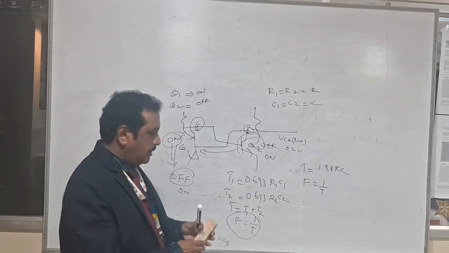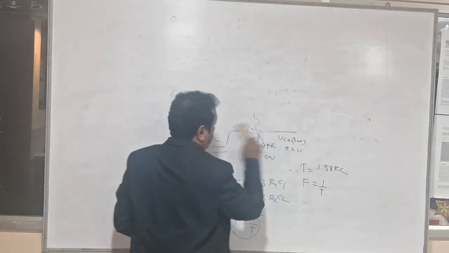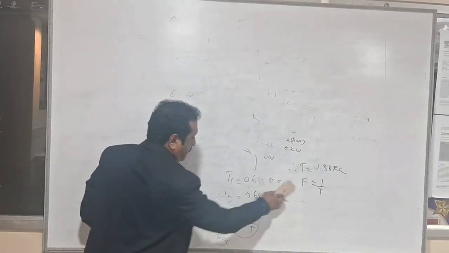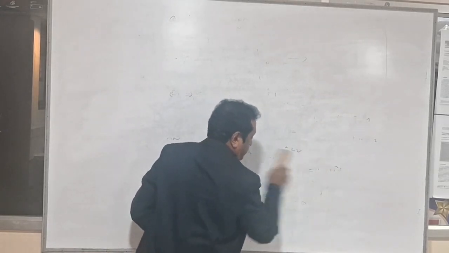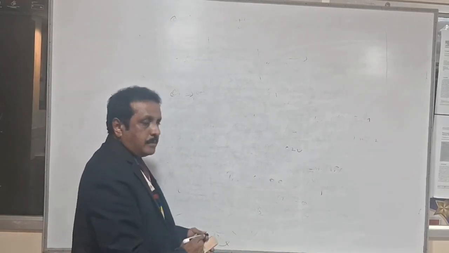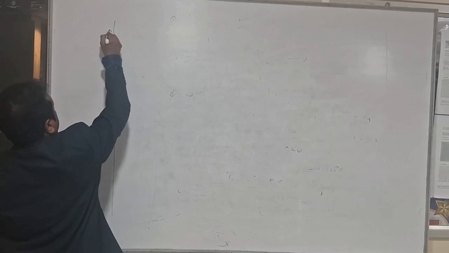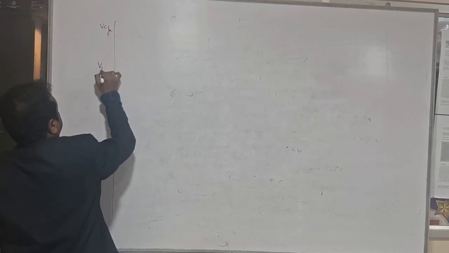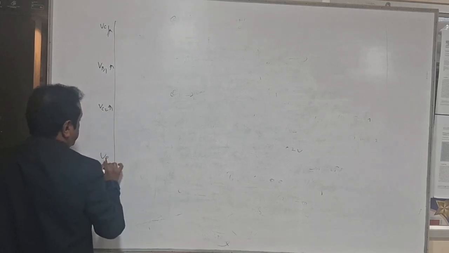In this one, we are supposed to know the waveforms of the collector and base nodes, and how to draw the waveforms. Based on the discussion, we are supposed to draw the waveforms of collector and base of both transistors, VC1, VB1, VC2 and VB2.